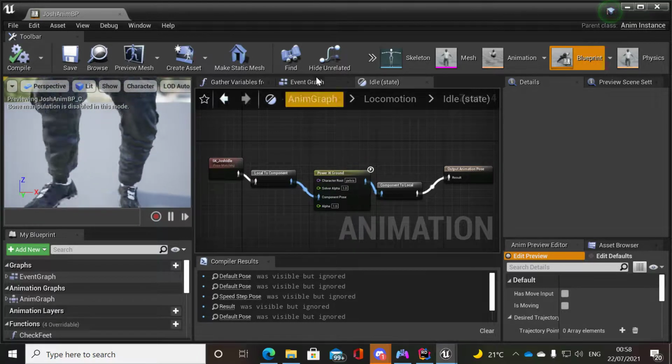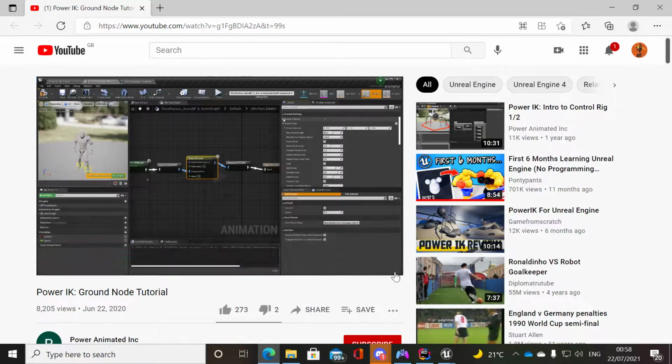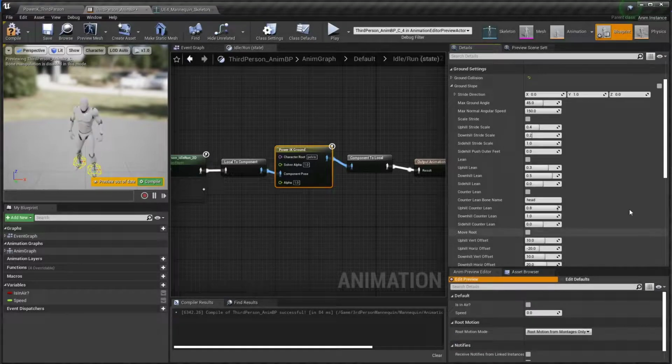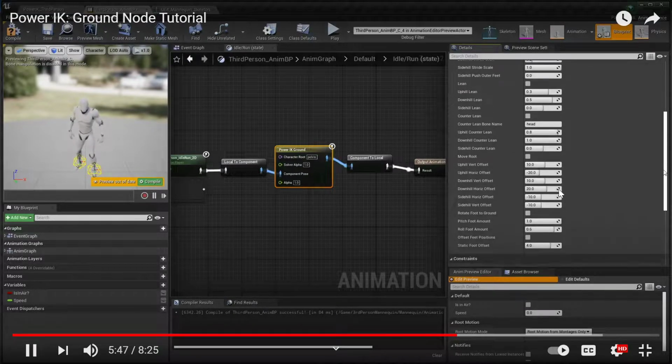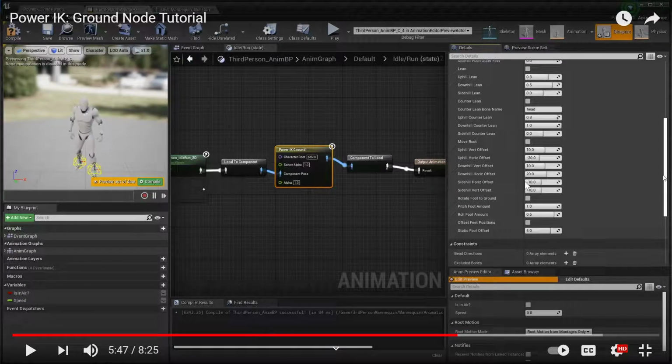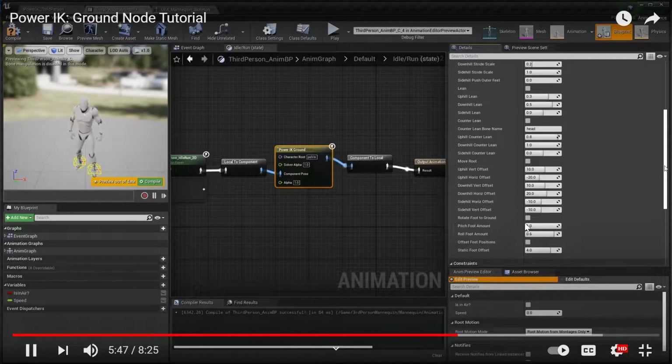Okay, let's keep going on this video. We're going to take a look at the slope settings. There's a lot of stuff going on in here. You'll need to be checking the documentation to get a full description of everything that's going on here.